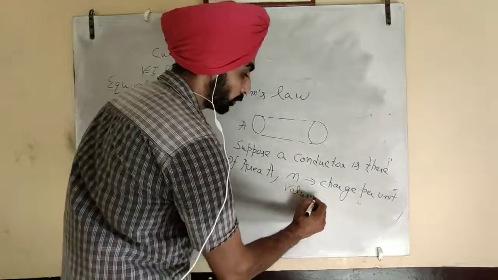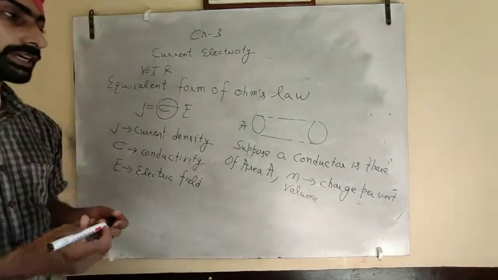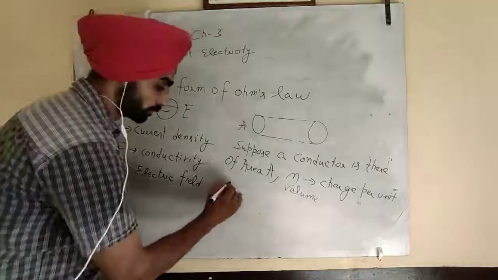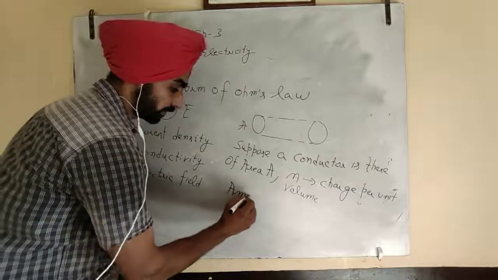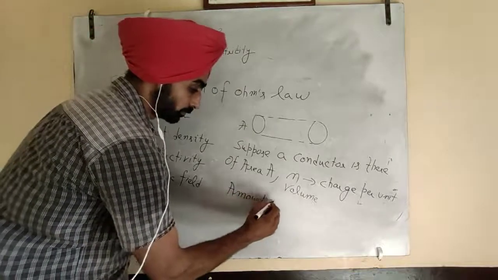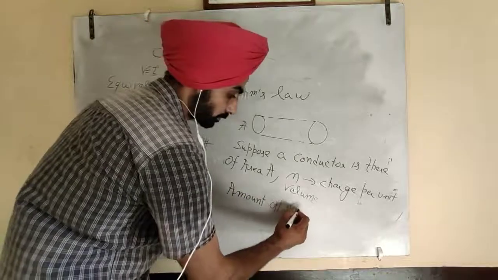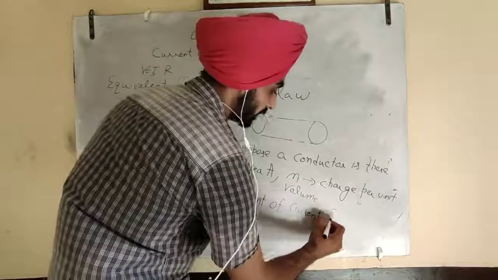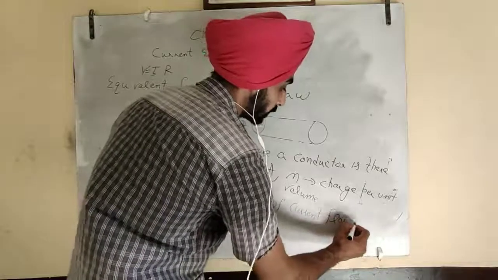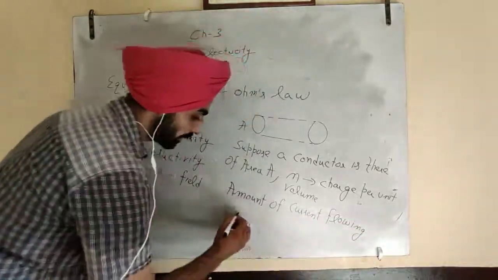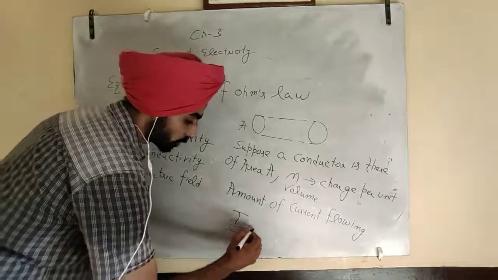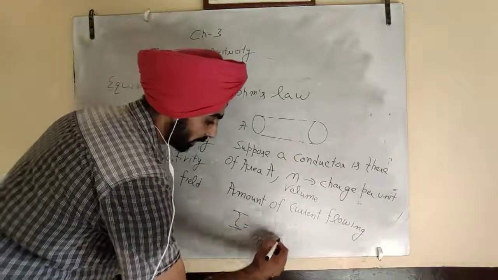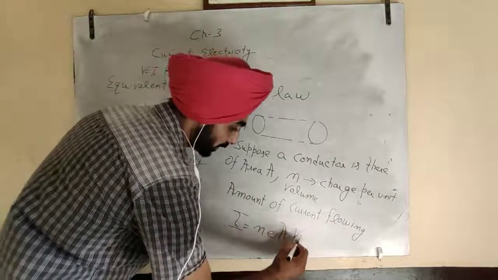So what is the amount of current flowing in a conductor? You know that. So I = neAvd.